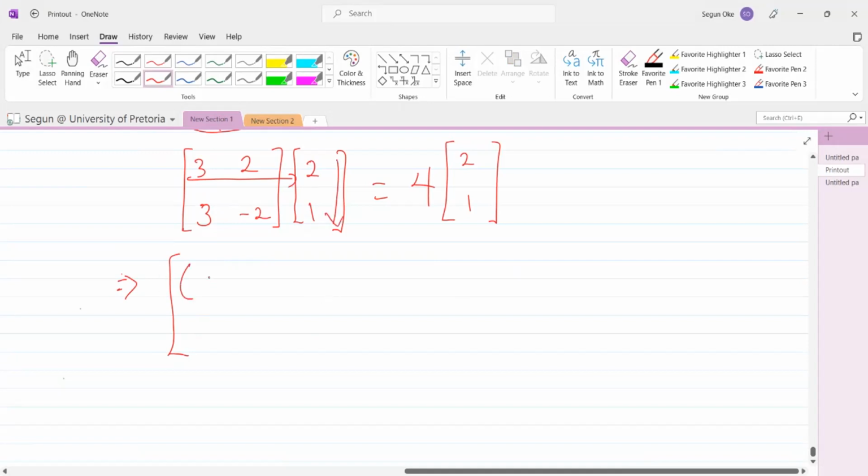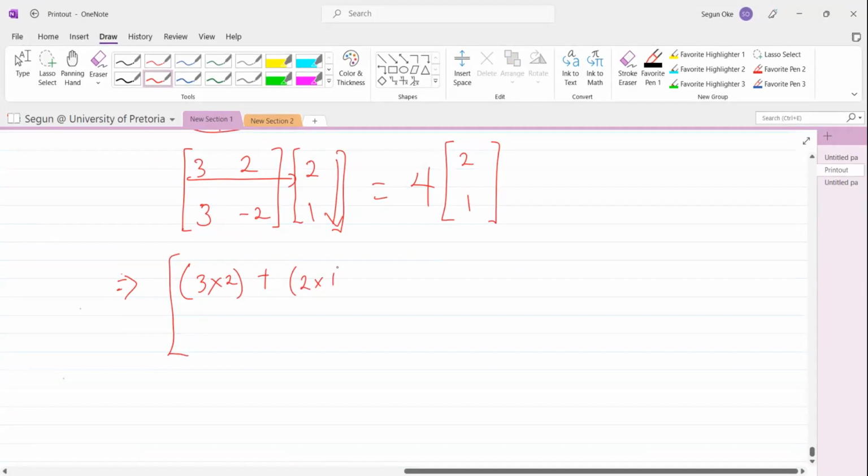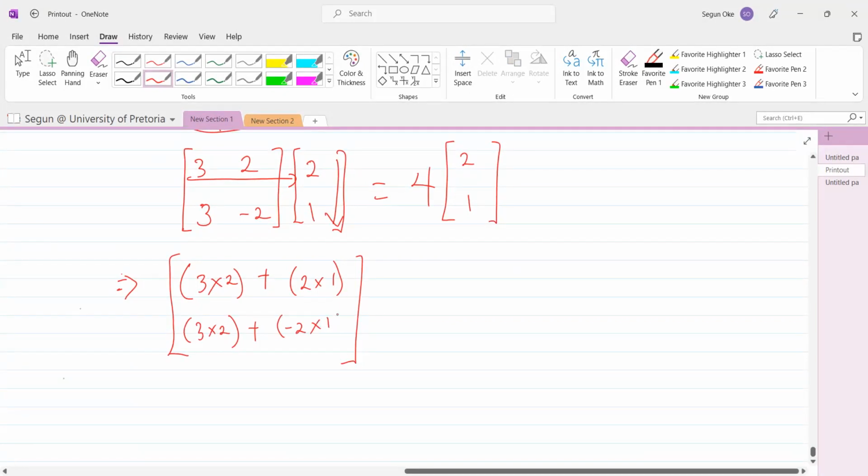So it's going to be 3 multiplied by 2 plus 2 multiplied by 1. Then 3 multiplied by 2 again plus minus 2 multiplied by 1. So what do we have? Equals to 6... 4 multiplied by 2, then the same 4 multiplied by 1.